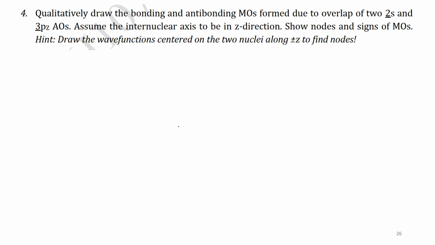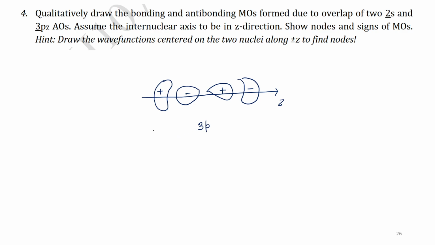So how does your 3pz look? There is one radial node, right? Suppose this is the z axis. One lobe is plus and minus, but this is 2p, and this is your 3p, right? Minus, plus. Suppose this is my 3p, and how does my 2s look? There is one radial node also, right?